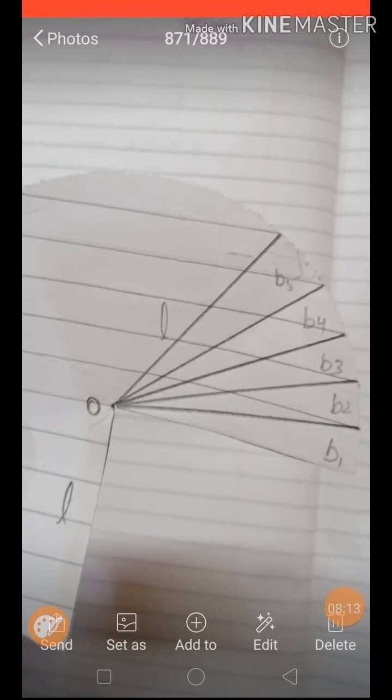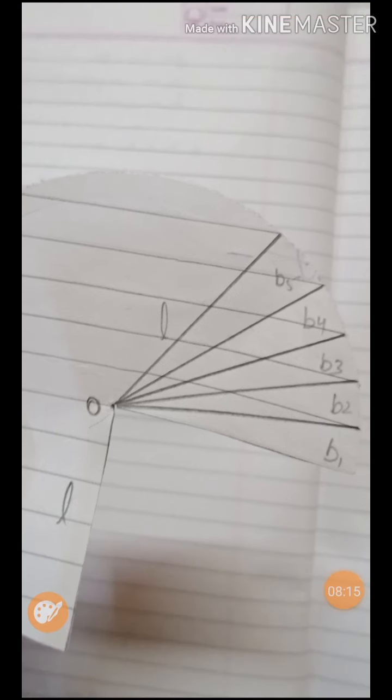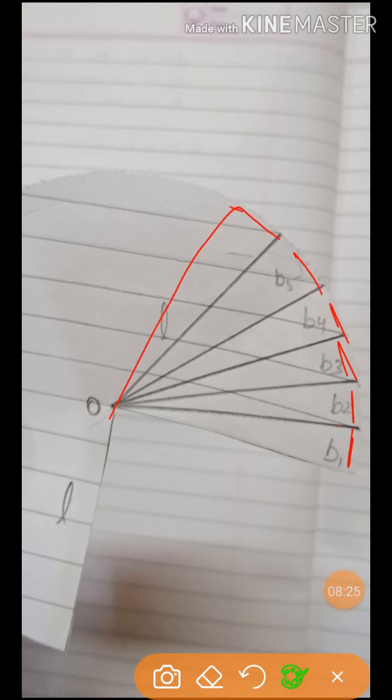We have assumed this is B1, this is B2, this is B3, this is B4, this is B5, in this way B6, B7, B8. In this way we can divide this circle into so many triangles, and you can see these are right triangles.